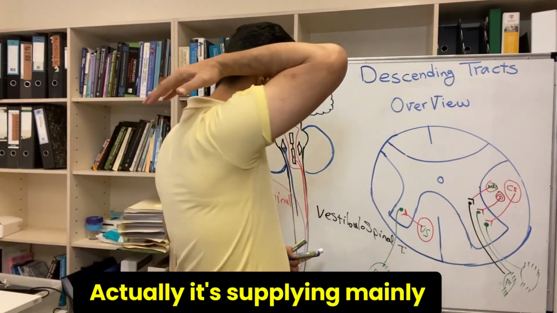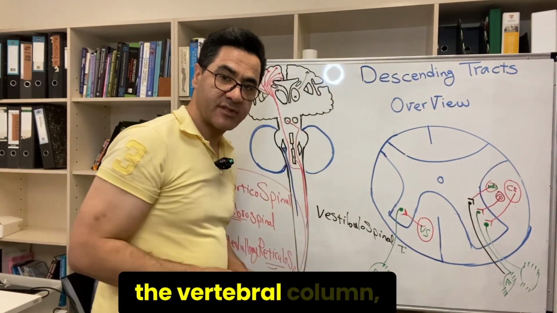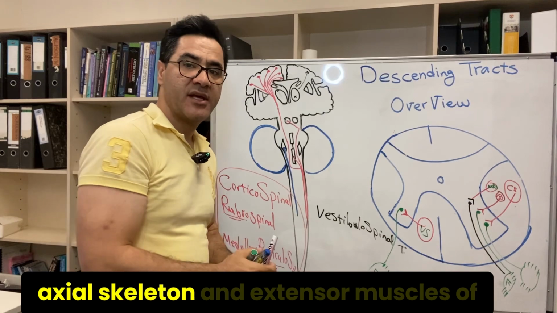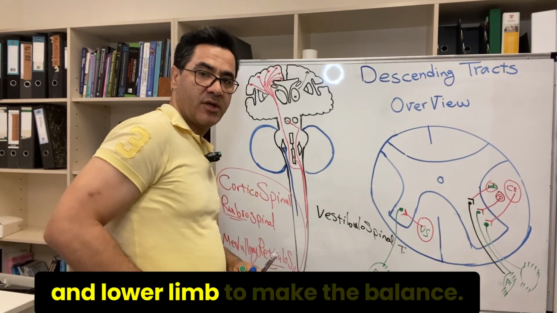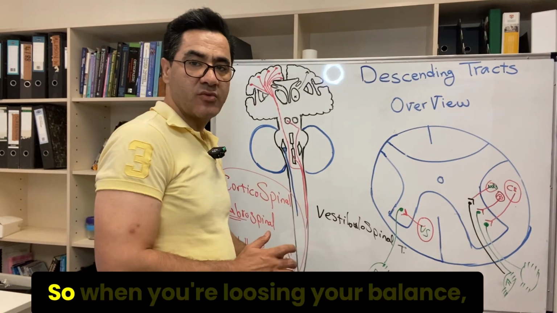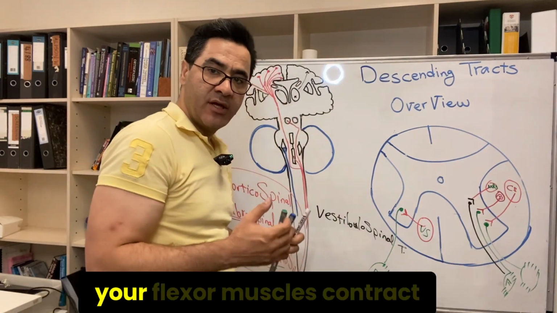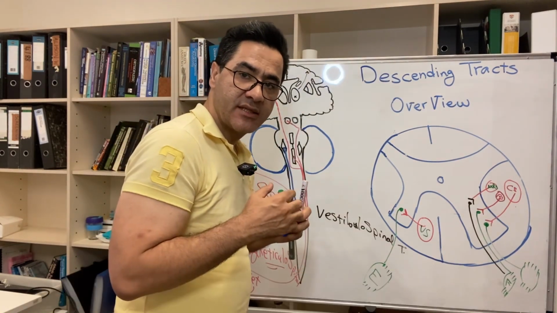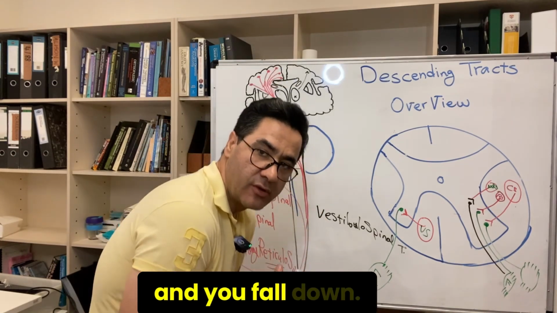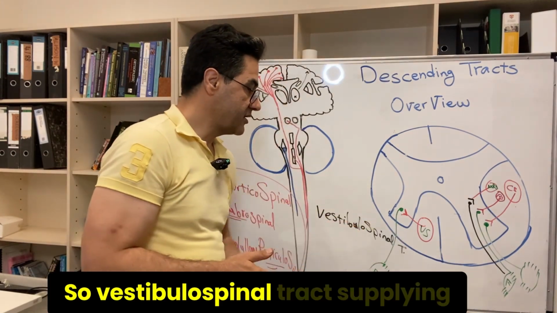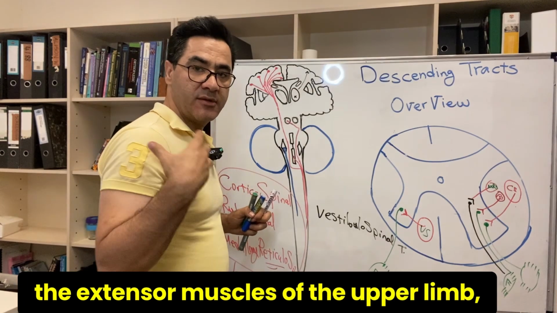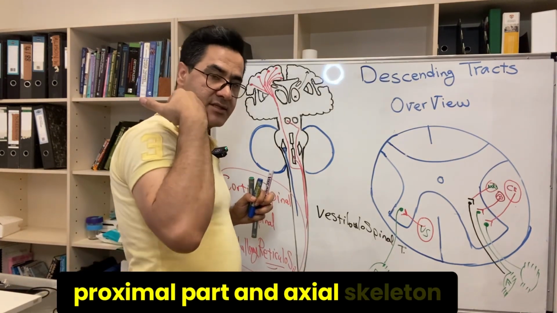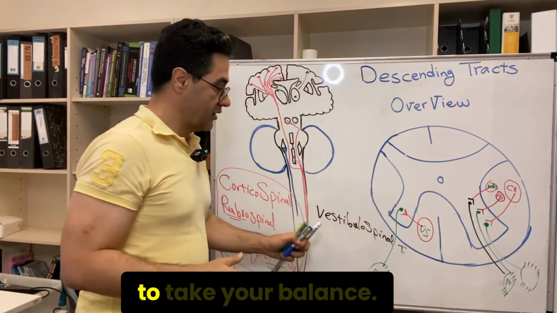Actually, it's supplying mainly the extensor muscles around the vertebral column, axial skeleton, and extensor muscles of the proximal part of the upper limb and lower limb to keep balance. So when you're losing your balance, your flexor muscles contract and collapse you and you fall down. So the vestibulospinal tract supplies the extensor muscles of the upper limb, lower limb, proximal part, and axial skeleton to keep your balance.